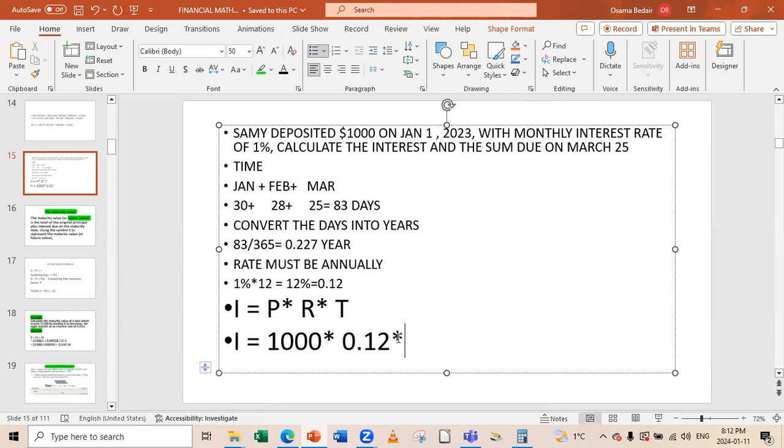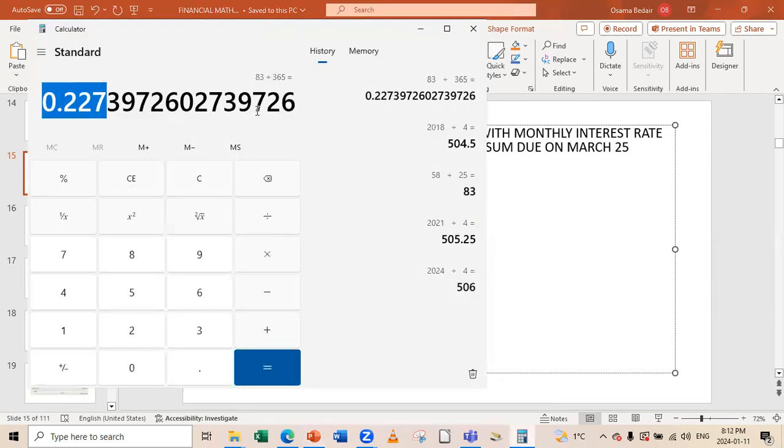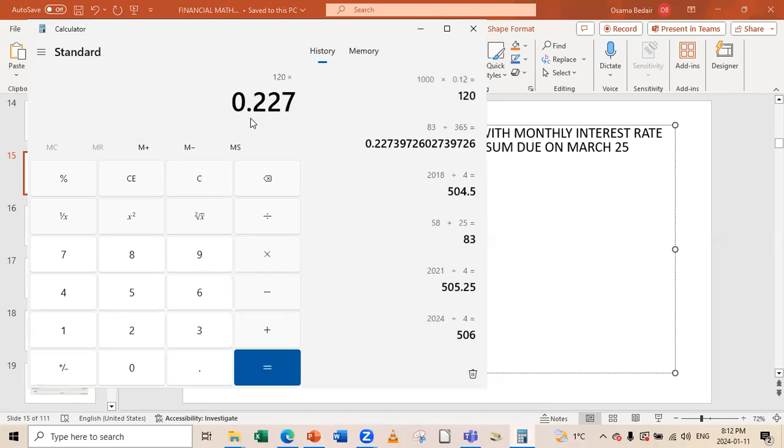Then also multiply by the time. The time or the period is 0.227. I will just paste it. I will take these calculations together and do it again here.